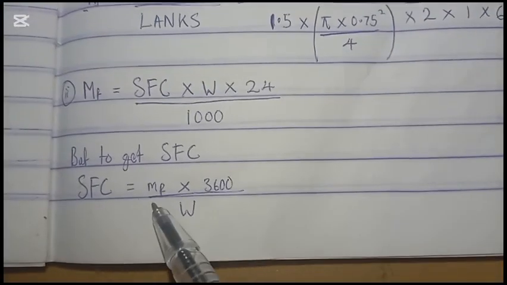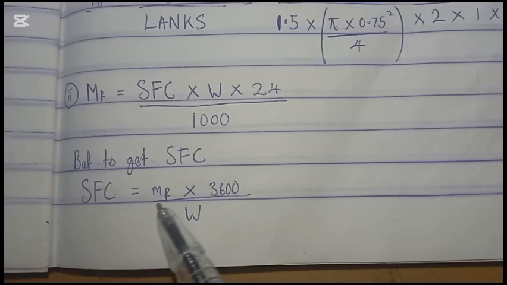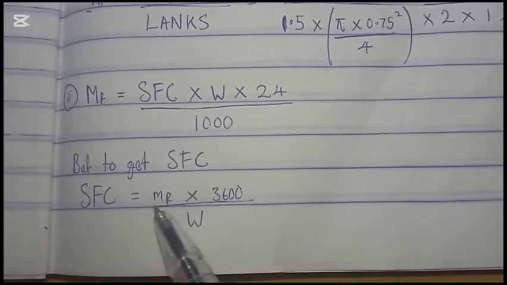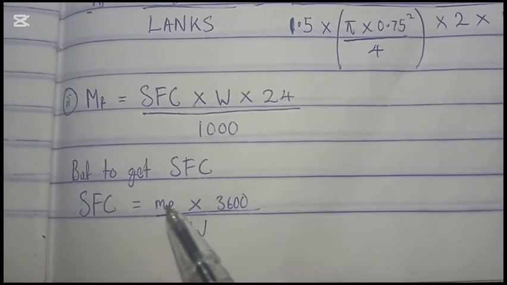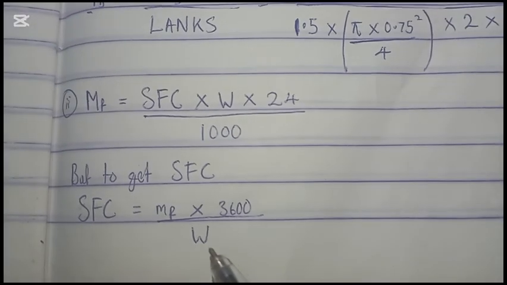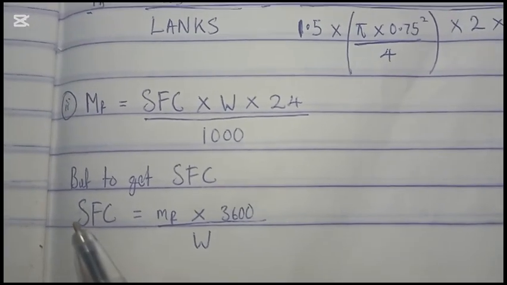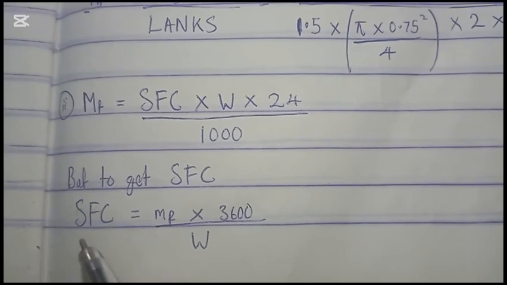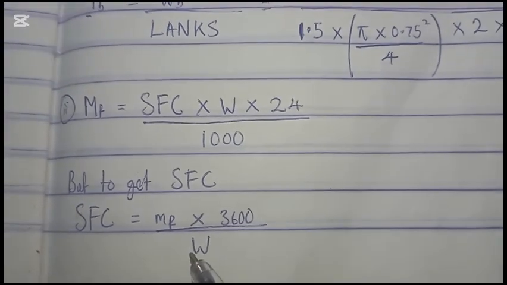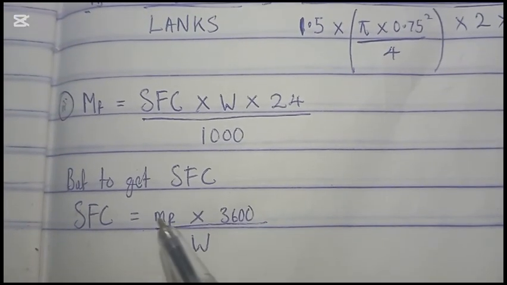Okay, so we don't have our small mf, the mass flow rate of fuel. We have a W that we can use, which is our brake power. Remember I said when the SFC is not specified, use your brake power. So let's try and find MF.